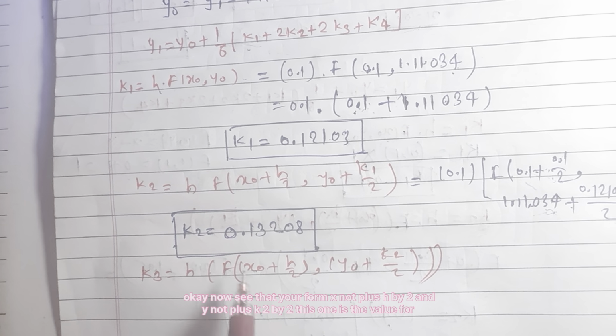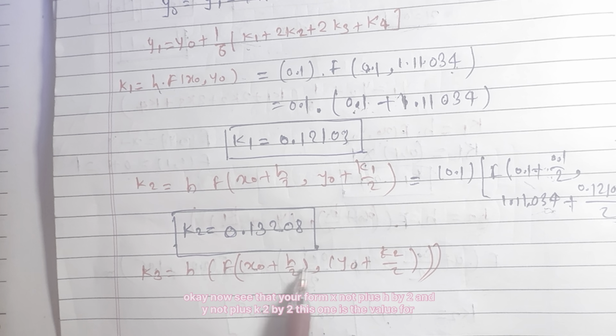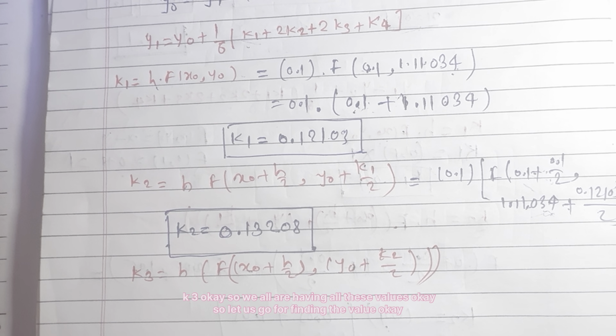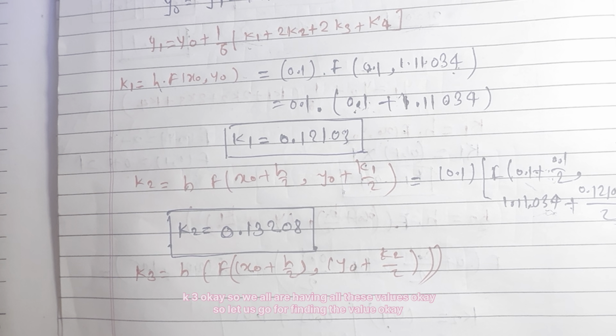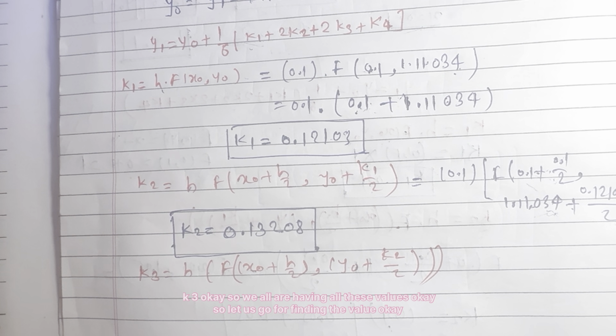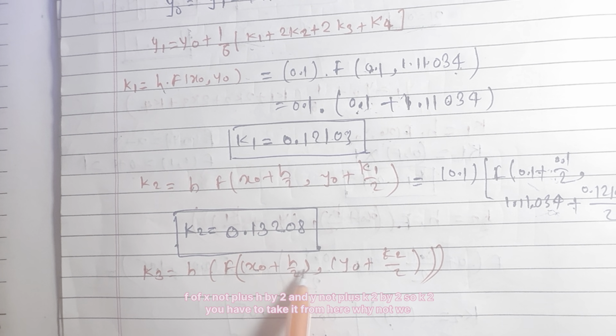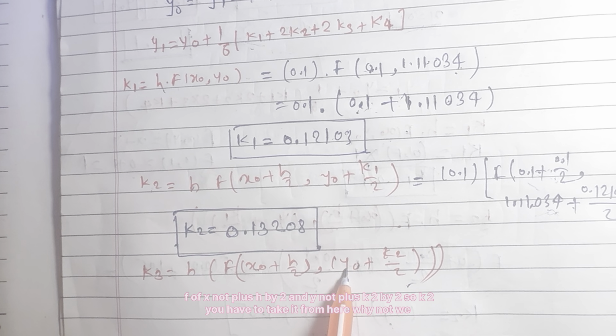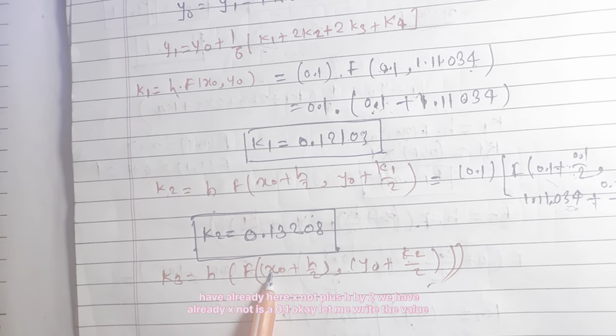Now see that f of x naught plus h by 2 and y naught plus k2 by 2 is the value for k3. So we have all these values. Let's go for finding the value. K2 you have to take from here, y naught we already have here.